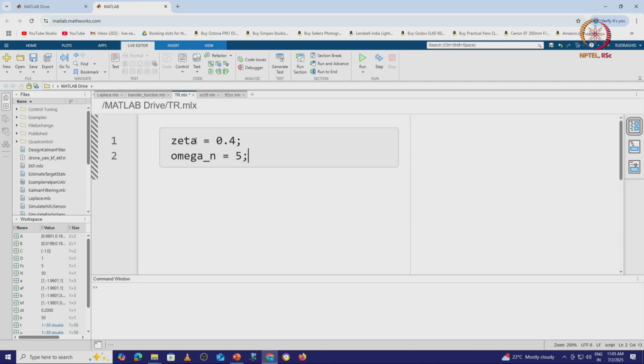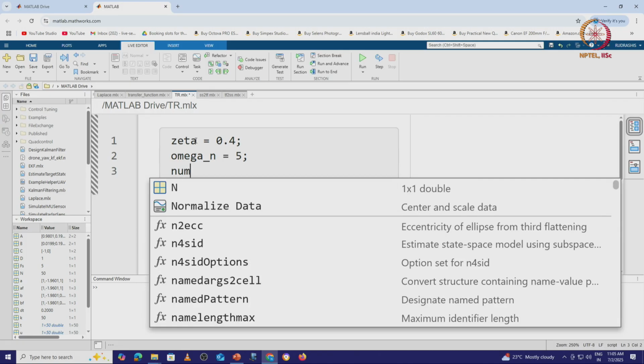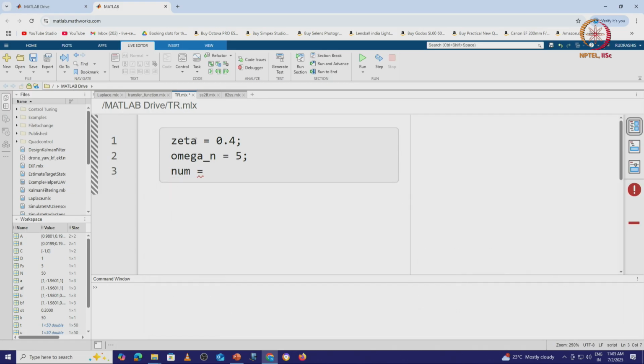Now, we know that when we specify a transfer function, we have to write it in terms of numerator and denominator, right. In the transfer function of the second order system, the numerator will be omega n square.